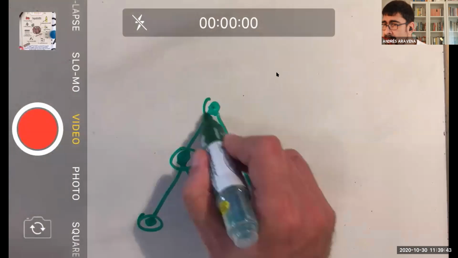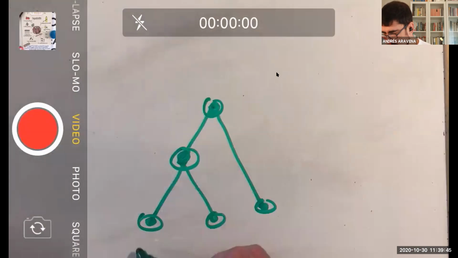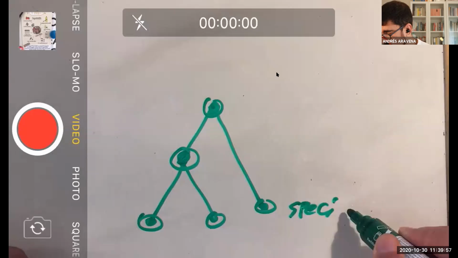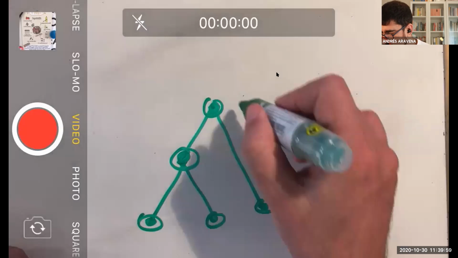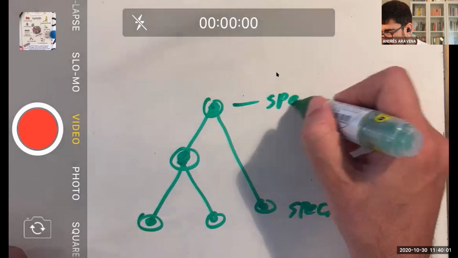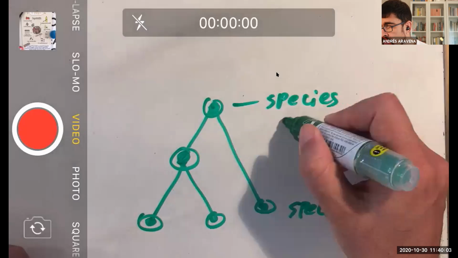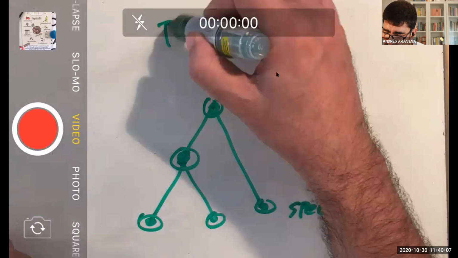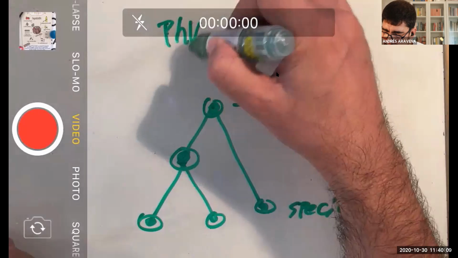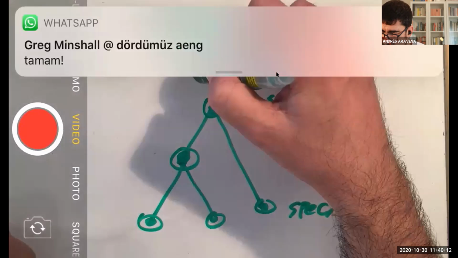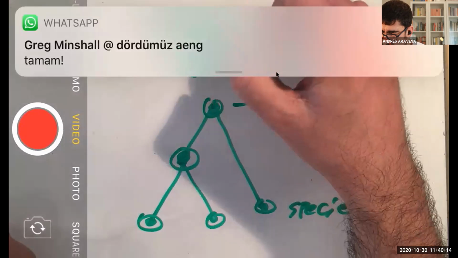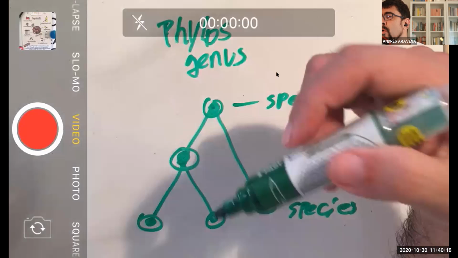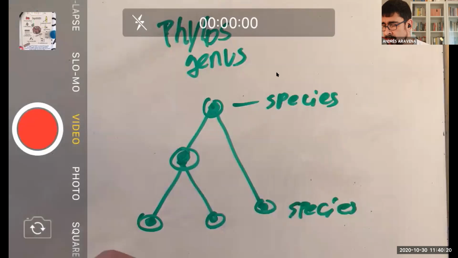So the common ancestor of two bacteria is also a bacterium, in general. But these are also species. In phylogeny, phylo is kind of a family, and genus is how it was generated, how the family became what it is.